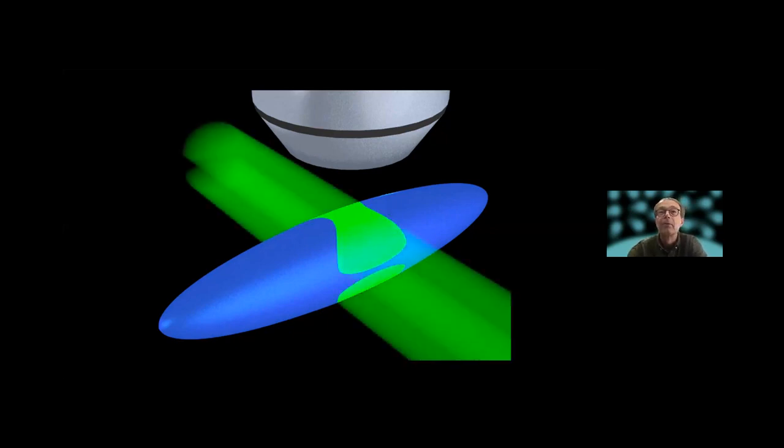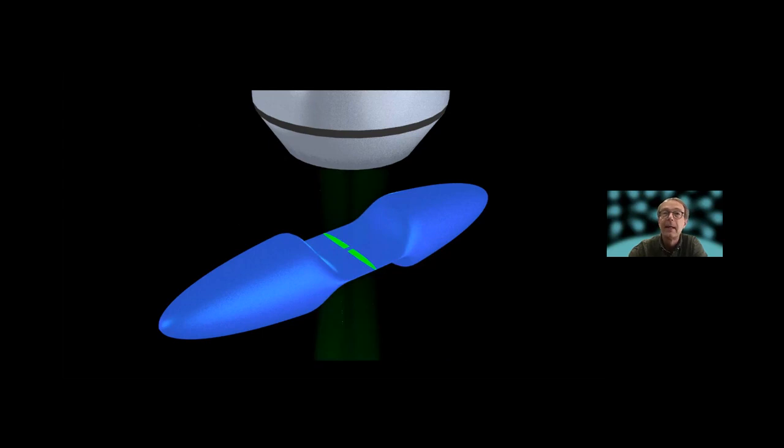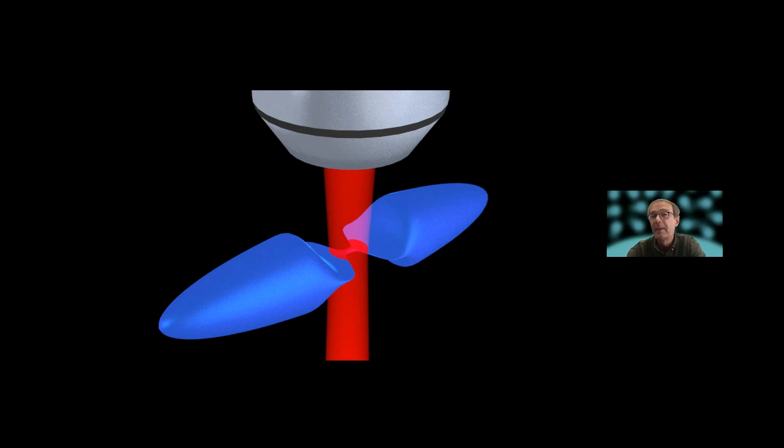Now let's run this little animation. Now you see there's a channel between two containers, and now additional beams are used to structure the channel. Here's a green beam, making it very narrow, for example, so that you have single channels. And then there's an additional red beam, what we call the gate beam, that changes the chemical potential in the channel region.